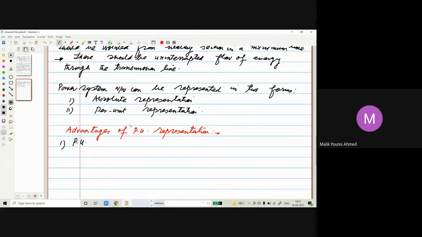So PU, which I will write from now onwards, means per unit representation.